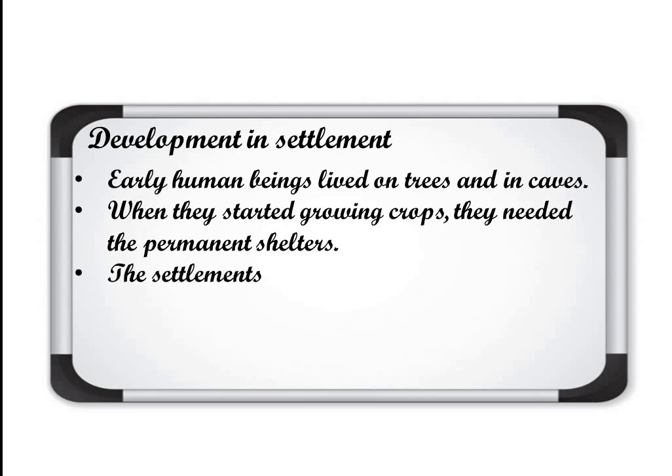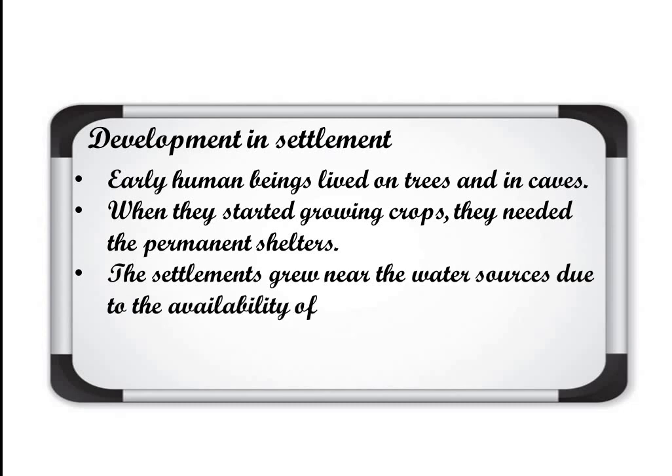Then what development? The settlements grew near the water sources due to the availability of water. That was also an important thing that we noticed in the past. If we take some examples, like the Indus Valley civilization or Harappa civilization that grew near the Indus river. We can take the example of the Mesopotamia civilization that was also near water sources.